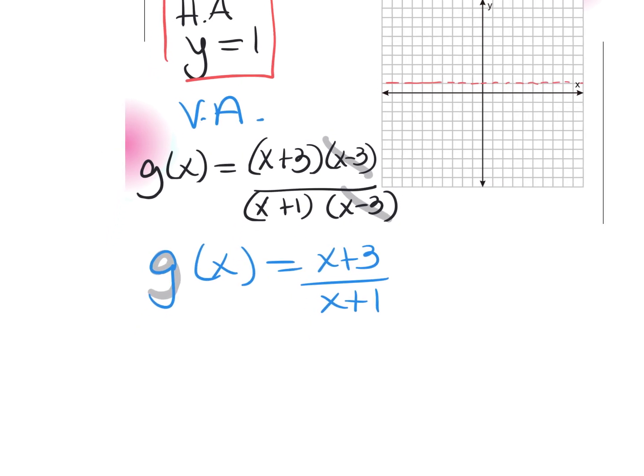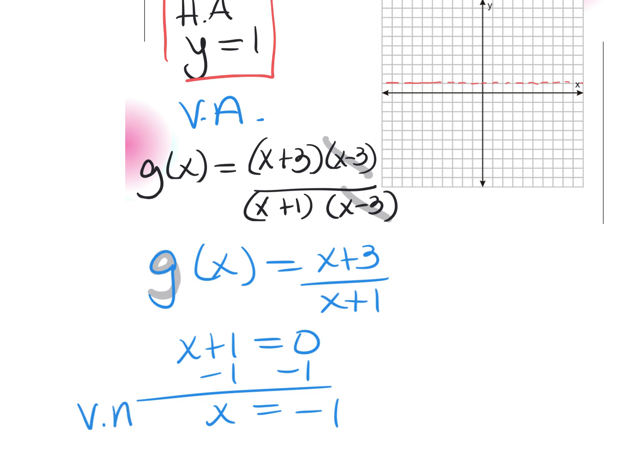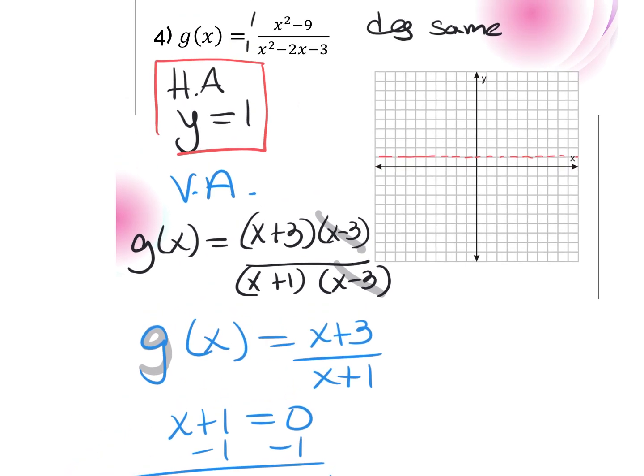To find the vertical asymptote, I set the denominator equal to 0. My vertical asymptote is located at x equals -1. So I'll go ahead and draw that asymptote in here. It's the vertical line through -1 on the x-axis.